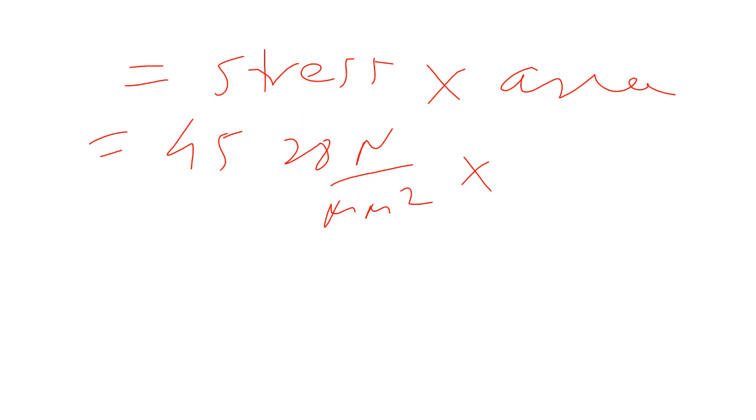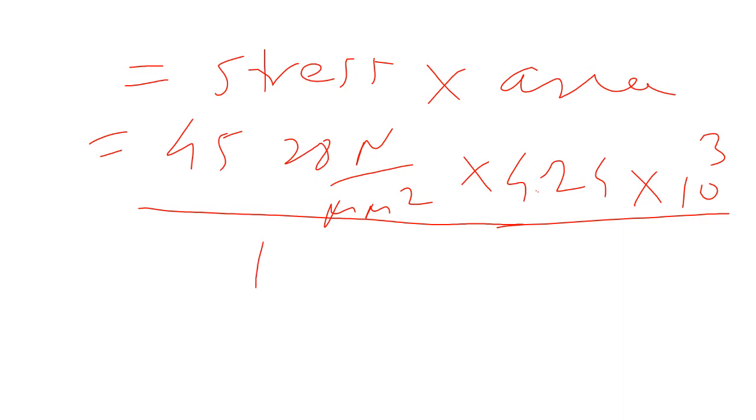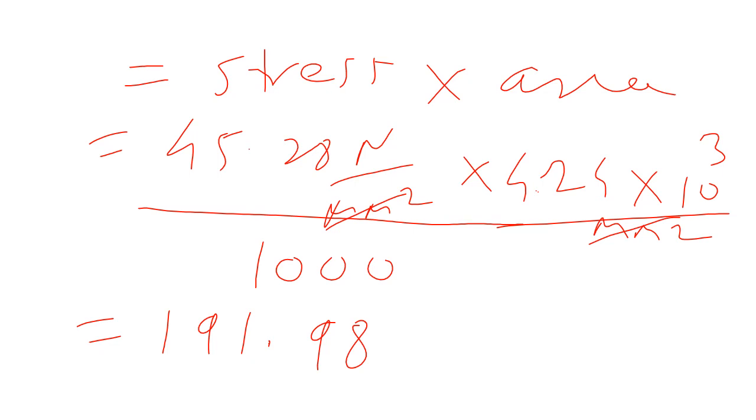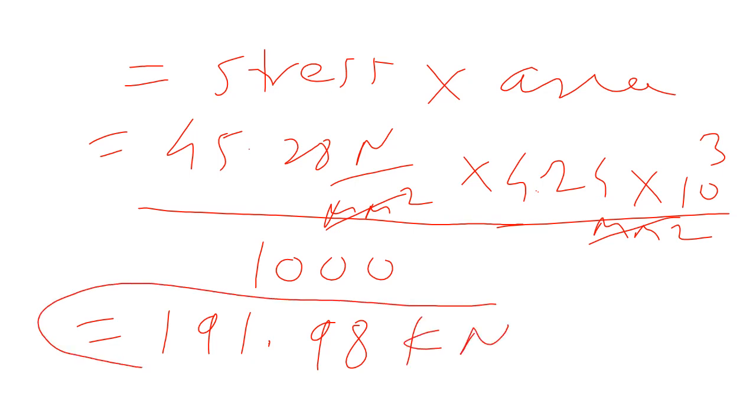Area we need in millimeter square, so this is 4.24 into 10 raised to 3, which comes from the properties. One more thing: because this is millimeter square, it will cancel out and the only remainder will be Newton. Divided by 1000 you will get kilonewton. So finally this value will come to 191.98 kilonewton. So the maximum compressive force resisted by this particular section of the compression member will be 191.98 kilonewton.